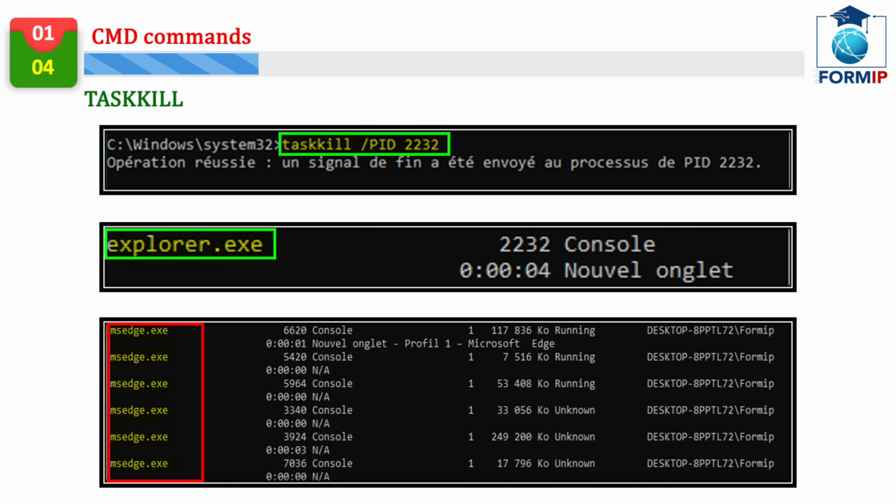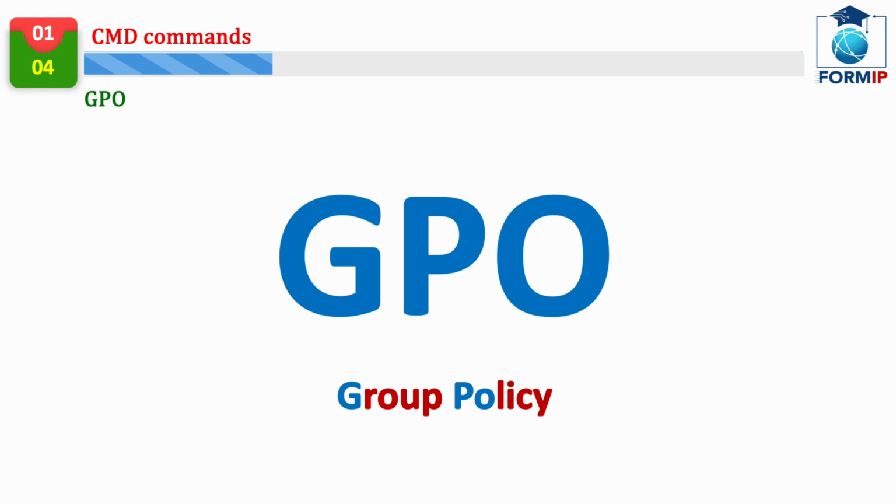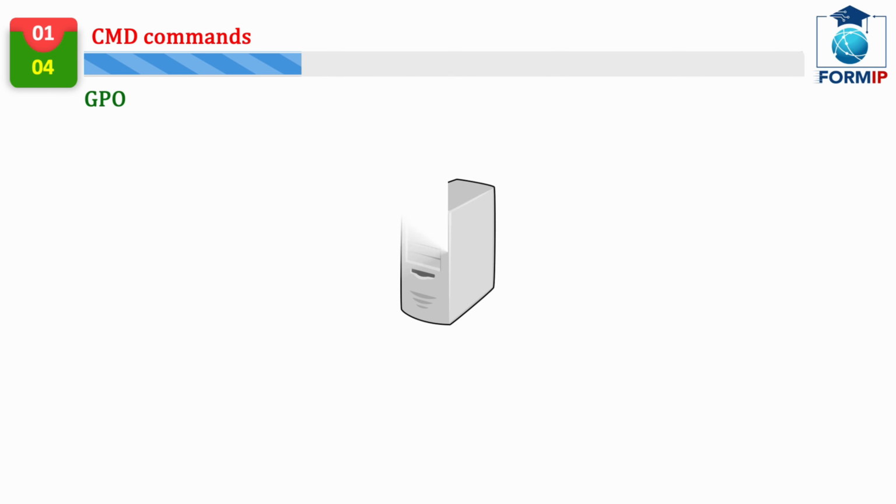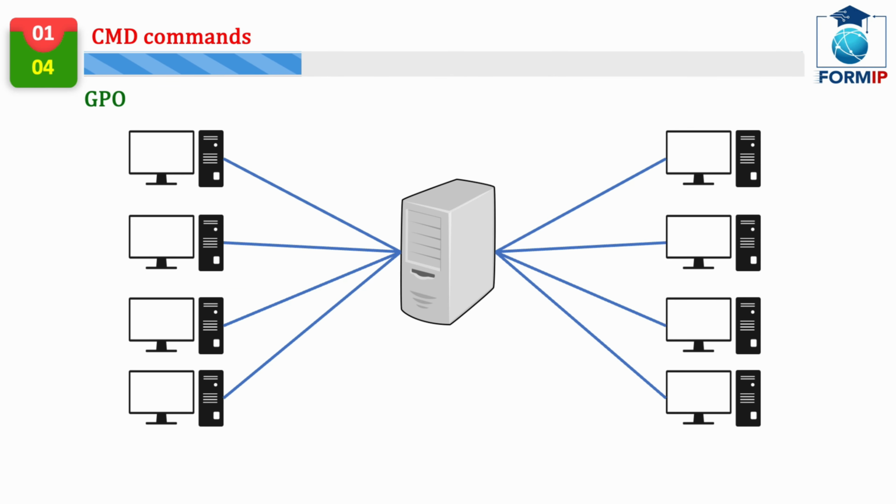GPO, Group Policy. We will now quickly talk about group policy, because we come back to it in more detail in the chapter on security. What is called group policy is a set of tools that are integrated into a Windows server. In fact, it allows the IT department to centralize the configuration of the client workstations, thanks to the application of policies.